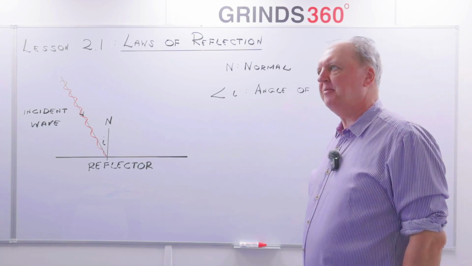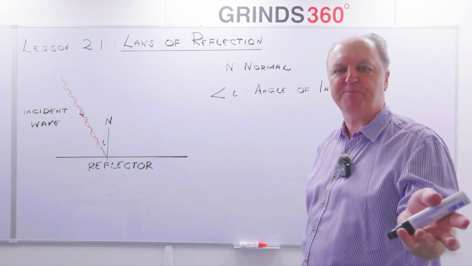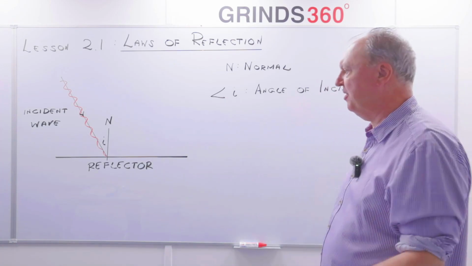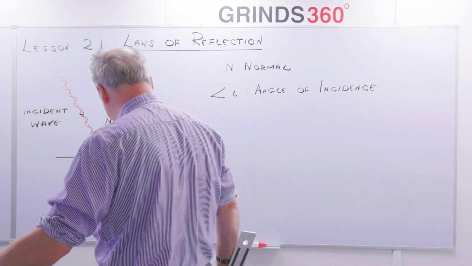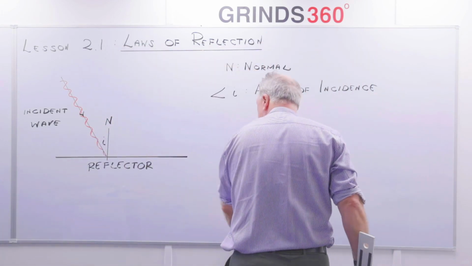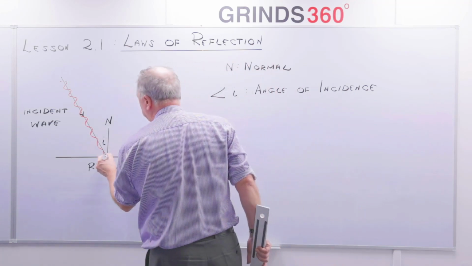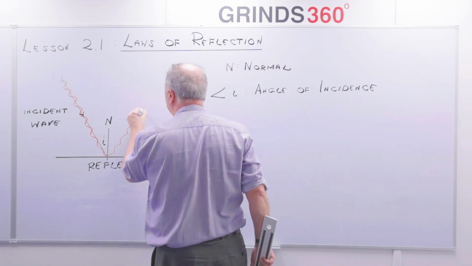Now what happens then? Well, just think, if you fired a tennis ball at an obstacle, it'll be reflected out at the same angle it came in. So here's my reflected wave.